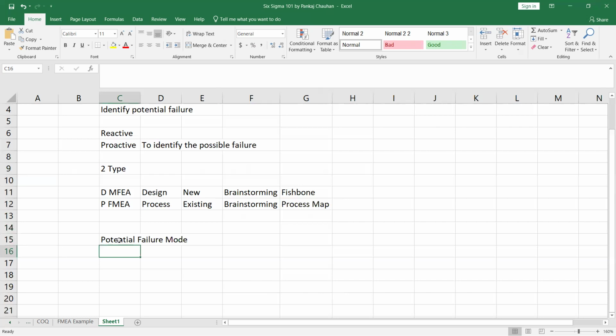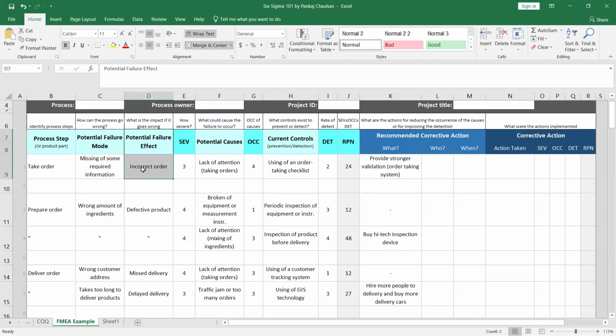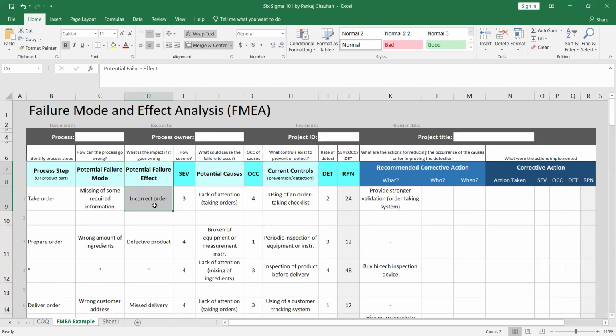Each potential failure mode will have its own impact, and this impact is with respect to the output of the process, how severe it may be. Then what are the potential causes of this failure mode? We will identify by doing the why analysis or brainstorming.